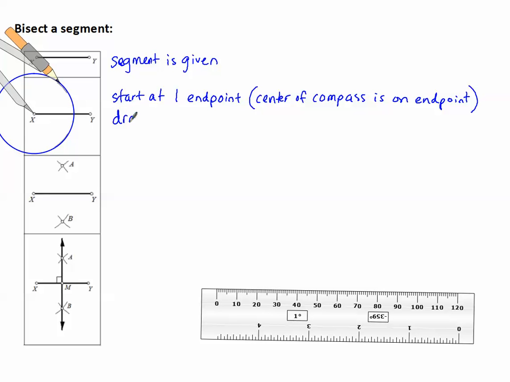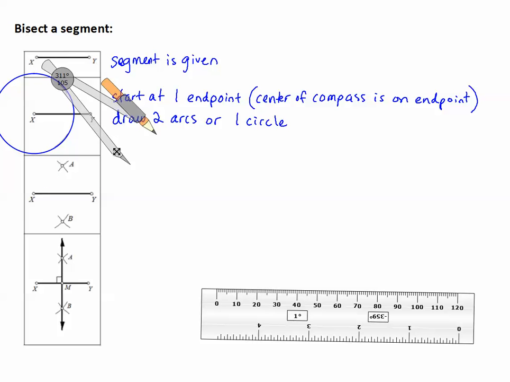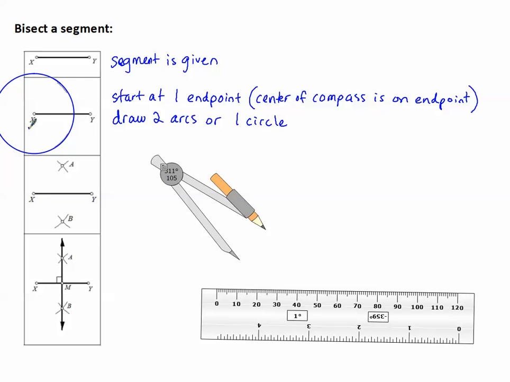So either we draw two arcs or one circle. Next picture, we go to the other endpoint. So on this one, we started at one endpoint. On the other picture, we're going to start at the other endpoint.